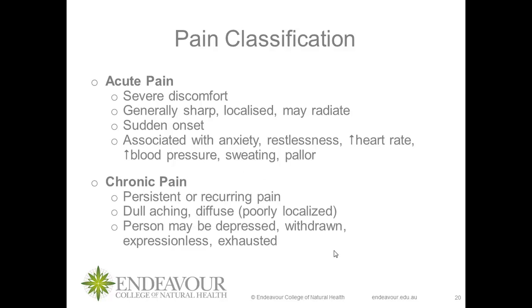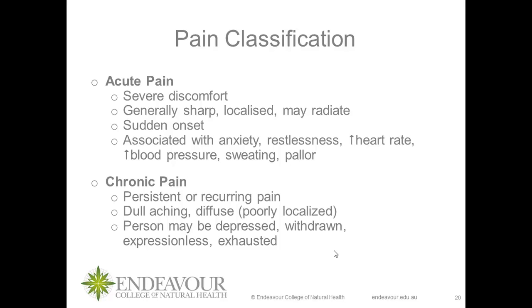And if it's chronic pain, some of the things you might want to find out, once again, the frequency questions. How recurrent is it? How persistent is that pain? What things work, what things don't? You know, aspects of the persistence of that pain. Also, descriptors: dull, aching, diffuse, which will be poorly localized.